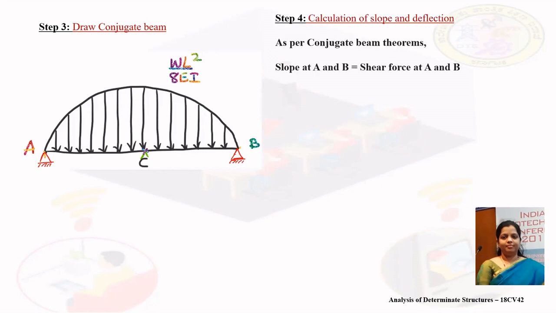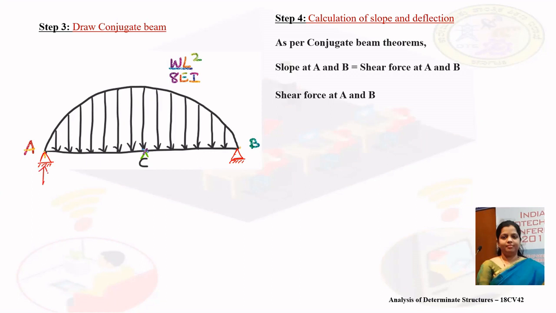Next, we will move on to step 4, that is calculation of slope and deflection. As per conjugate beam theorems, slope at A and B will be equal to shear force at A and B. Shear force at A and B can be calculated as follows.